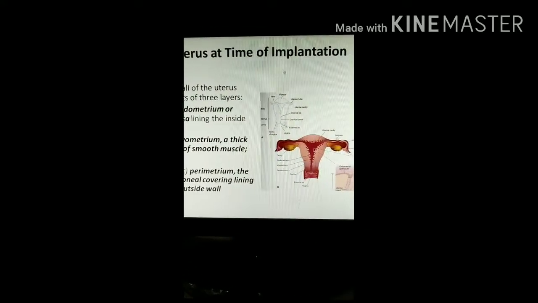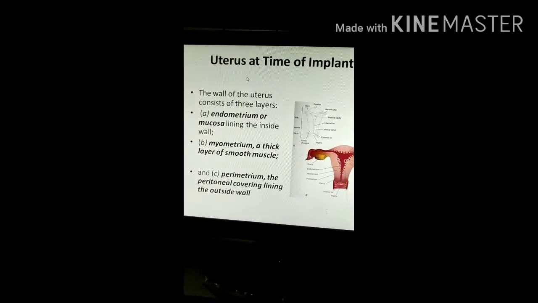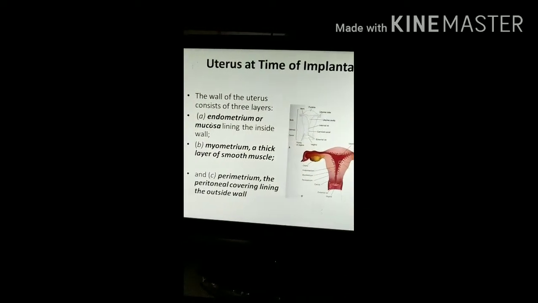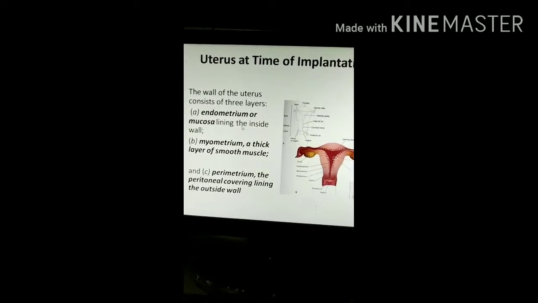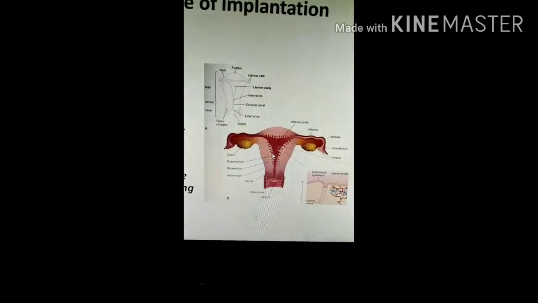During this time, the condition of the uterus should be known. Normally, we know the uterus has three walls from inside to outside.